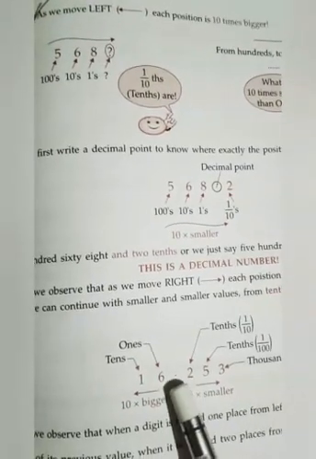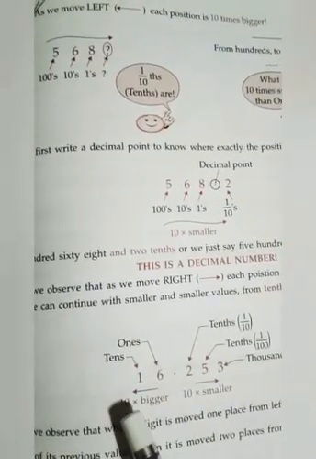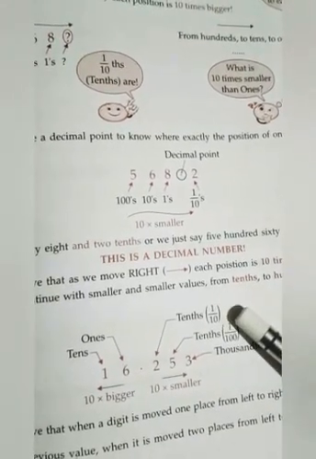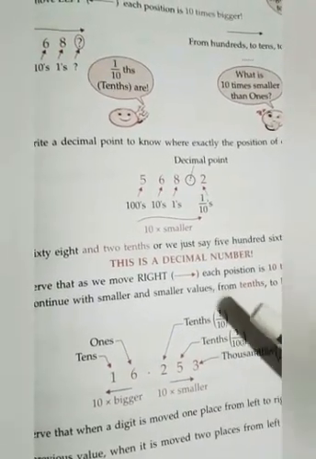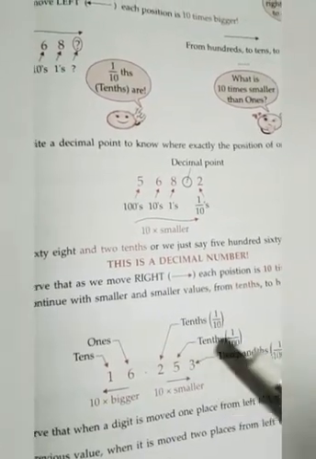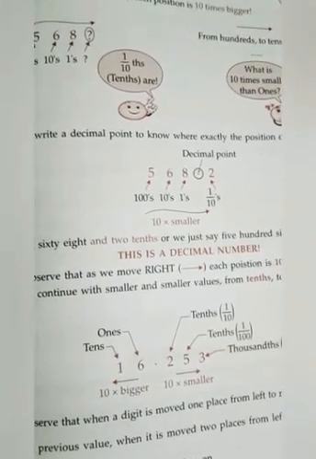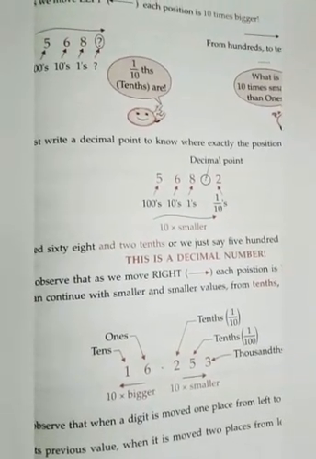Here children, 6 means 1's place, 1 means 10's place, then 2 means 1 by 10th place, 5 means 1 by 100th place, 3 means 1 by 1000th place. Clear about the place value? Okay.